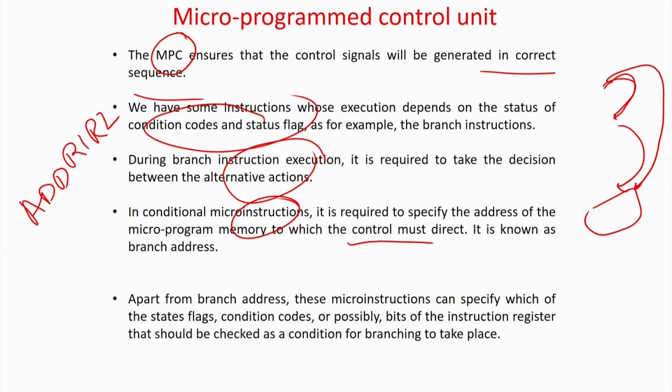Whenever add has been decoded, it is a register to register operation. Then the micro instructions stored in the microprogram memory corresponding to add, register to register, will be invoked. That series of micro instructions will execute the add, which is a register to register operation, and then it goes forth. We will take some examples so it will be more clear.